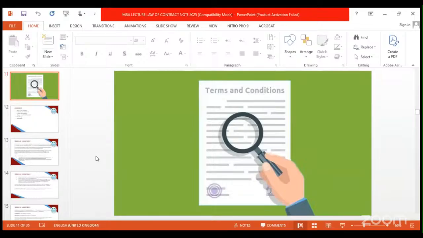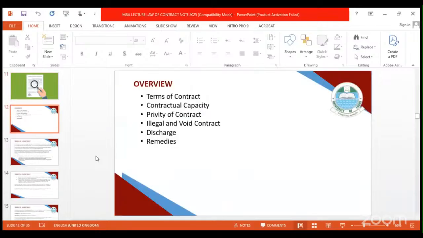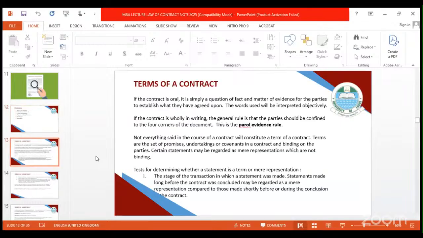In view of the fact that so many weights are attached to different words or terms or conditions in the contract, today we have a look at those differences. We are beginning with terms, capacity, and other things that we need to look at. But first, let's start with this.